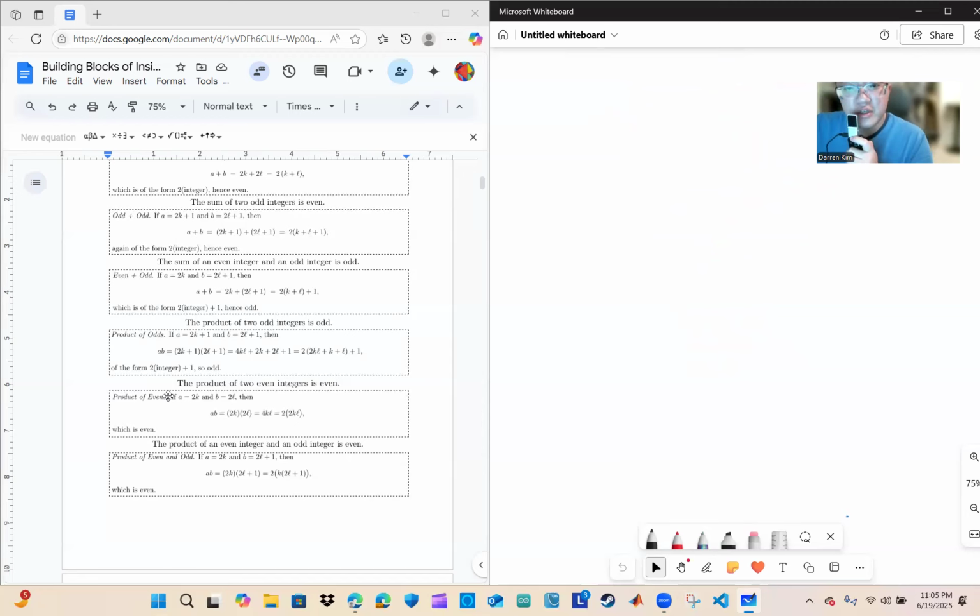Next would be product of odds. So product of odds is 2n plus 1, and then, no, you can't use n because that's the final digit I'm using. 2 parentheses k plus 1, then parentheses 2l plus 1, and then this goes like this, so you can kind of see where I'm going with this. 4k.